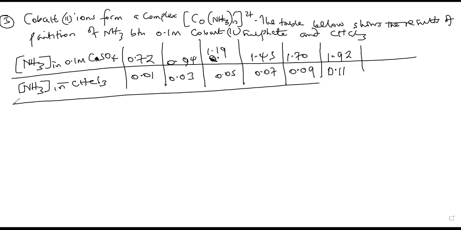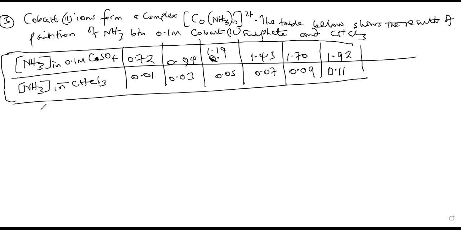So that is my table showing the results of partitioning ammonia between cobalt 2 sulfate and trichloromethane.